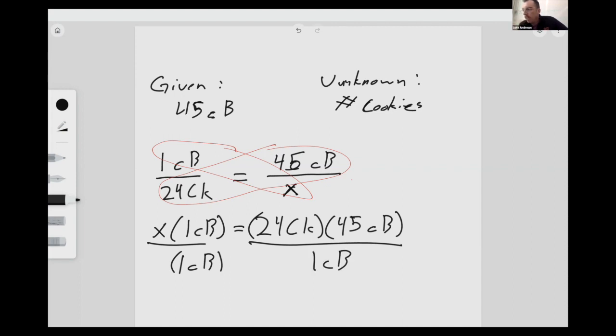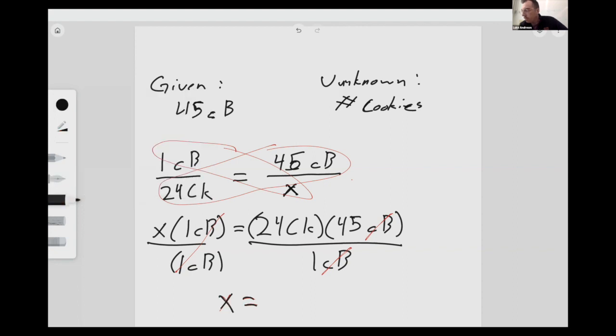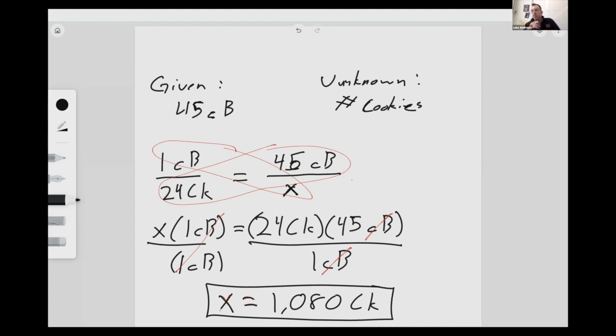So what happens when you divide anything by itself? It cancels out. So cups of butter cancels out cups of butter. Oh, what do we have over here? Cups of butter cancels out cups of butter. And we are left with 1,080 cookies.